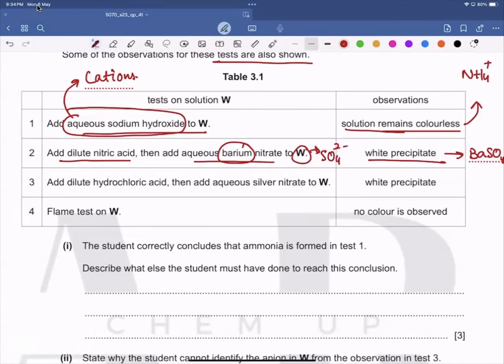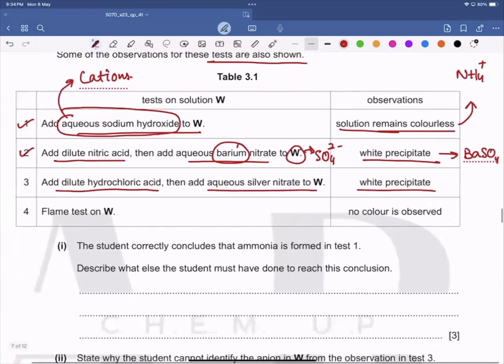Is this understandable to all of you? Now the third test: add dilute hydrochloric acid and then aqueous silver nitrate to W. We get white precipitates.